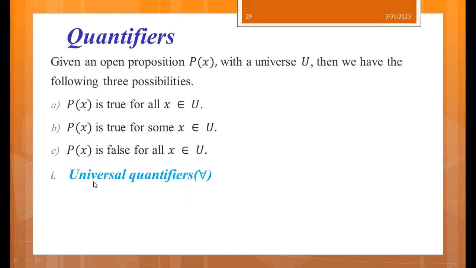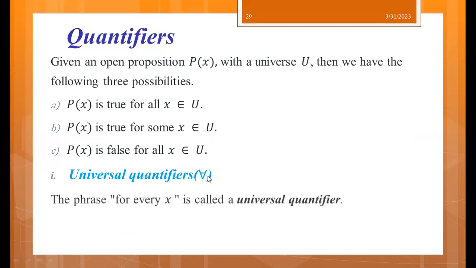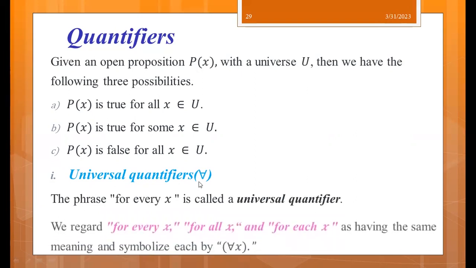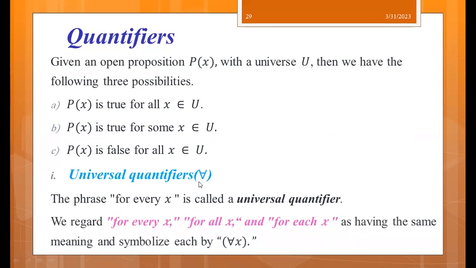The universal quantifier is represented by a symbol which looks like an inverted capital letter A. The phrases for the universal quantifier are: for every x, for all x, or for each x. All these three have the same meaning.